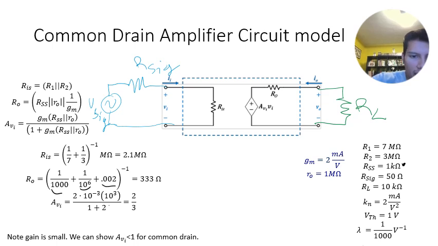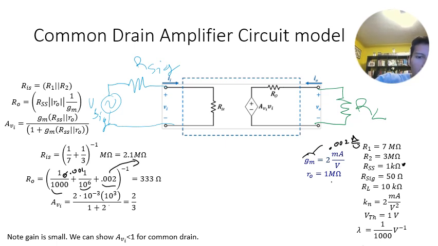And then here we have that this is 0.02, which is the 1 over the transconductance, so that's just 2 milliamps per volt, so that's just 0.002 amps per volt. Okay, and so when we calculate that, this is going to give us 0.001, so we're going to get 0.003 roughly. That gives us 333 ohms.